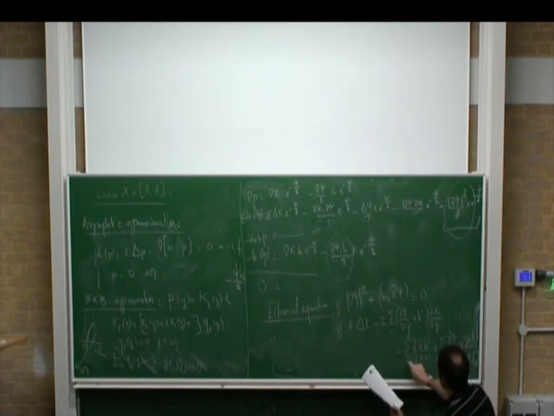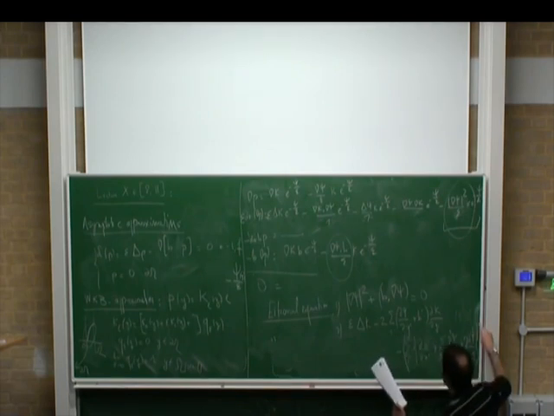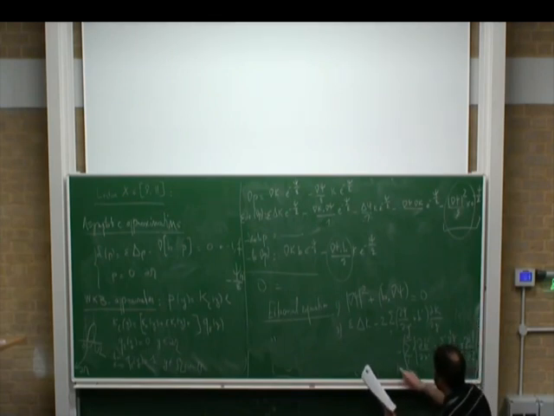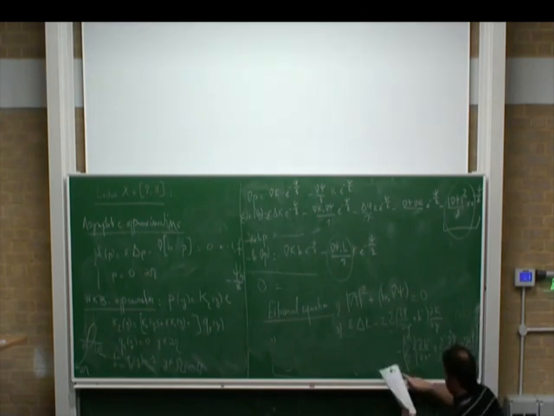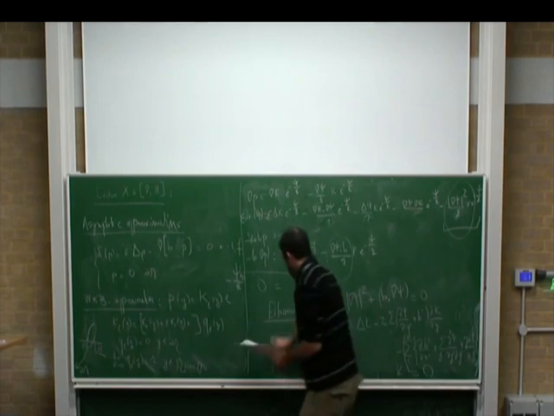So this is sum of i, and all of this is multiplied by k. Everything here is multiplied by k equals to 0. And this is called the transport equation.